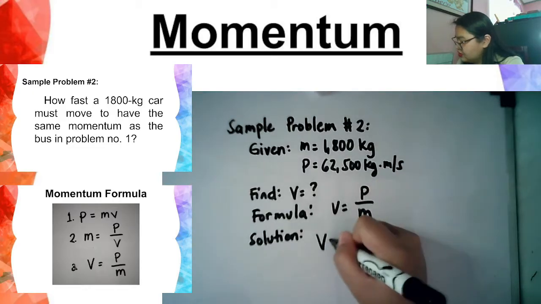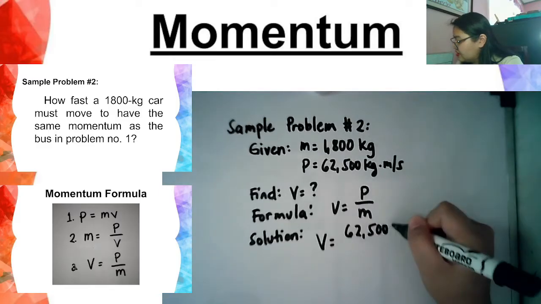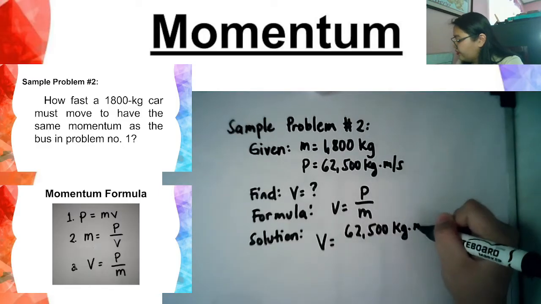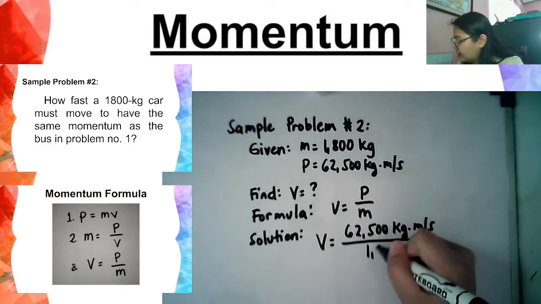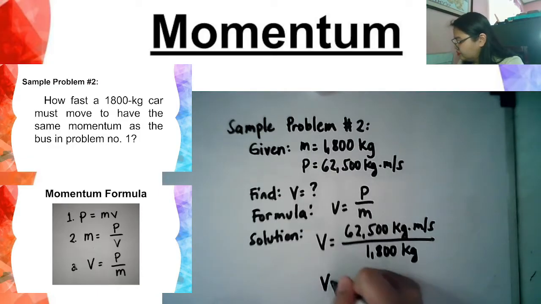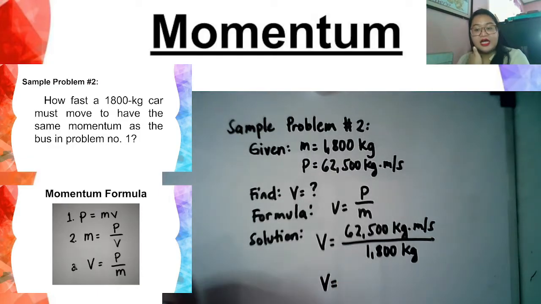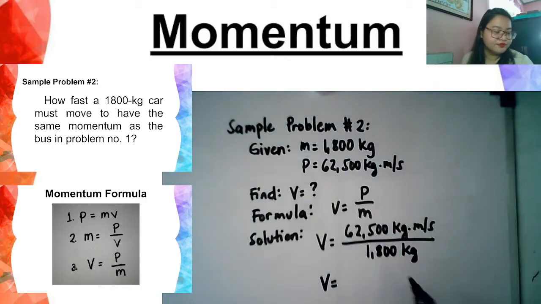So you have here velocity is equal to the momentum, 62,500 kilogram meter per second, divided by the mass, which is 1,800 kilogram. So you just need to divide 62,500 divided by 1,800.